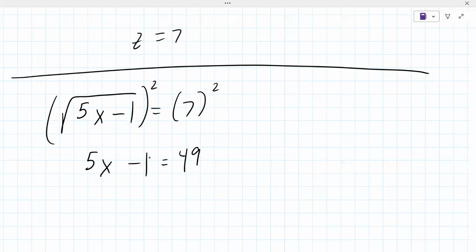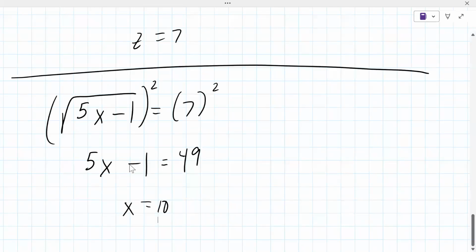Go ahead and solve the rest of it from there. Ten. X equals 10. X equals 10. Good.